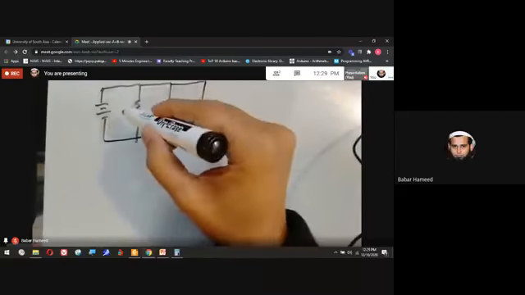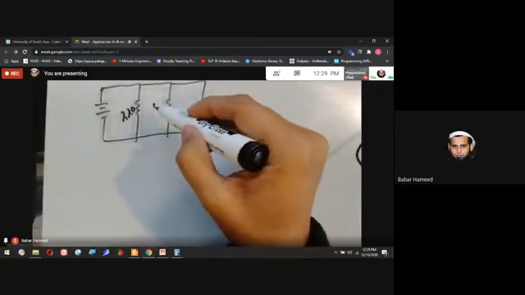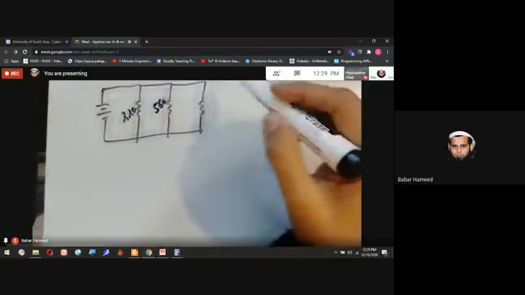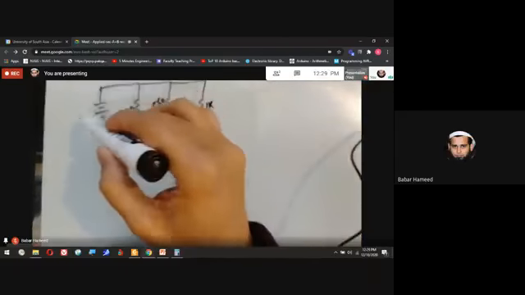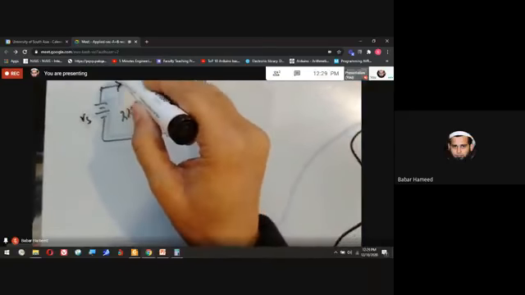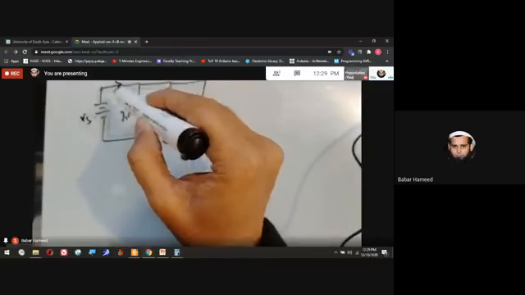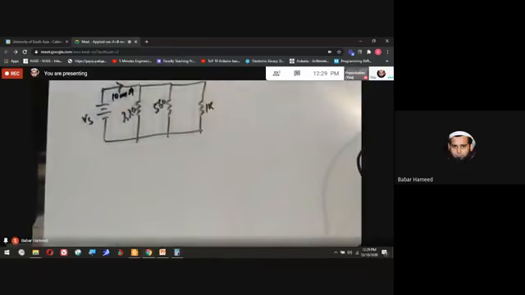So it is 220 ohm, it is 560 ohm, and it is 1 kilo ohm. We have to find out Vs, and we are given a total current of 10 milliampere. Three resistances are given, and we have to find the total voltage.